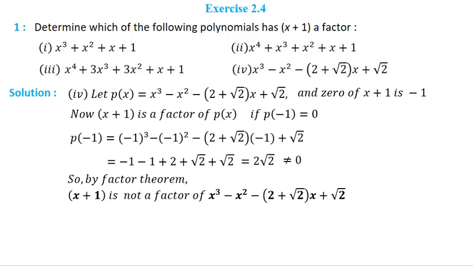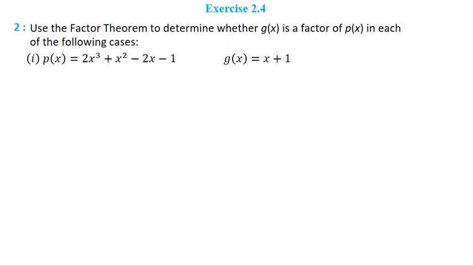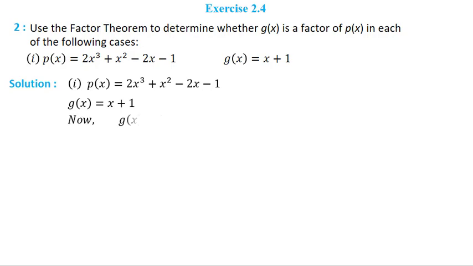Now let us see the second type of problem. Here I have given two polynomials p(x) and g(x). Now here we have to check whether this g(x) is a factor of p(x). So what we will do? We will first find the zero of this second polynomial, which is g(x). So here we will substitute g(x) equals 0.